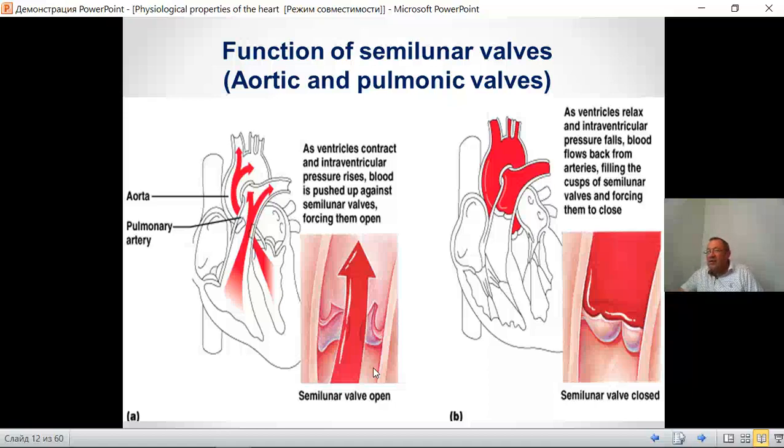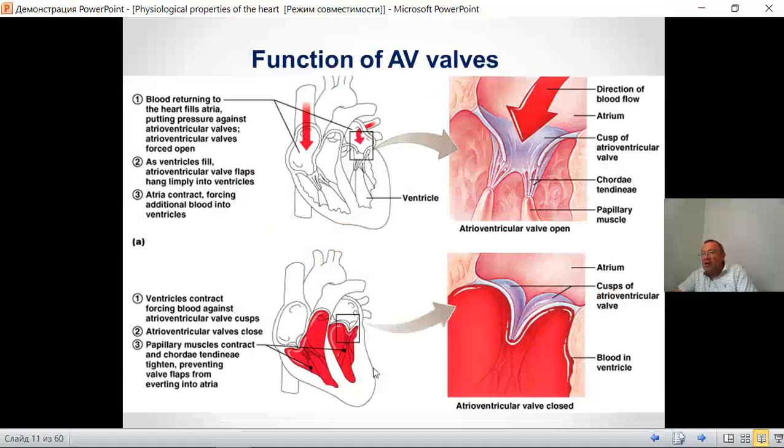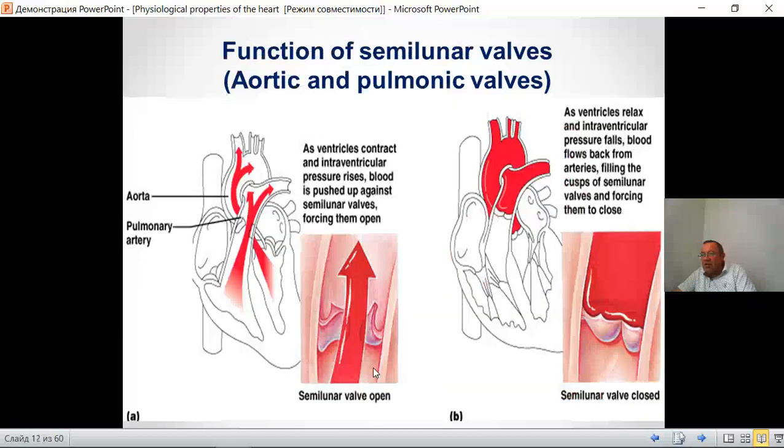This creates tension on the chordae tendineae, helping to hold the atrioventricular valves in place and preventing them from being blown back into the atria. The aortic and pulmonary semilunar valves, unlike the atrioventricular valves, are not associated with chordae tendineae and papillary muscles.